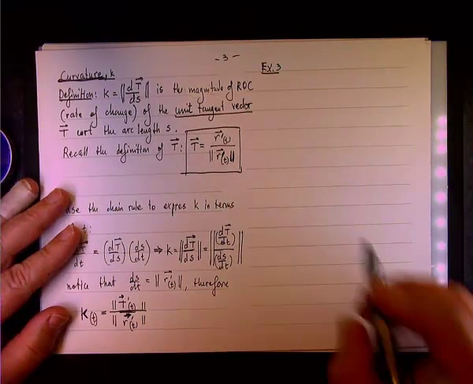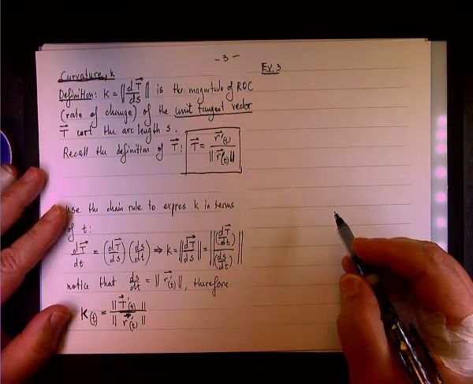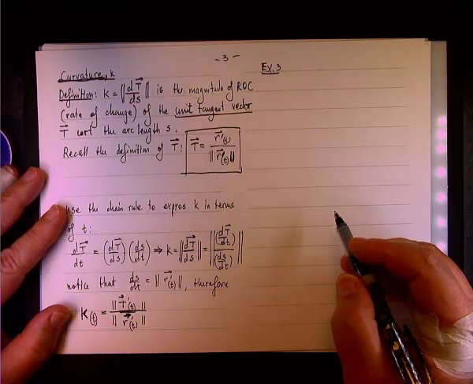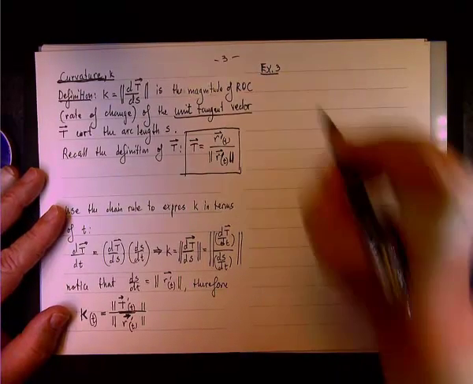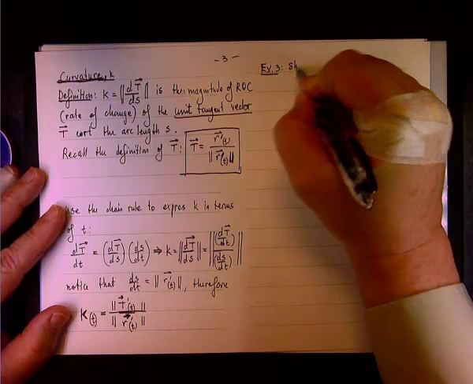In this example, we want to show that the curvature of a circle with radius r is 1 over r.